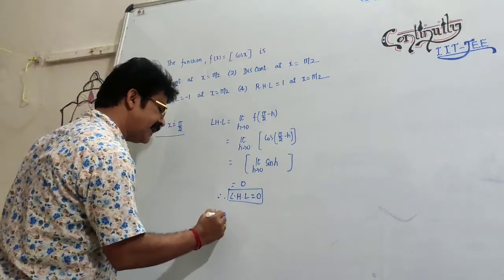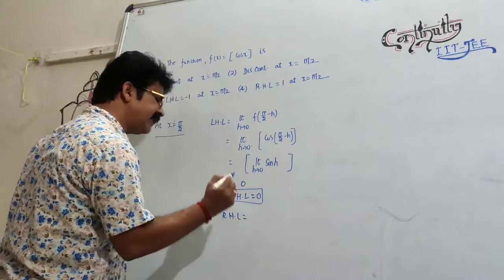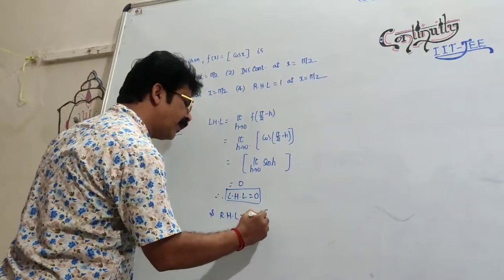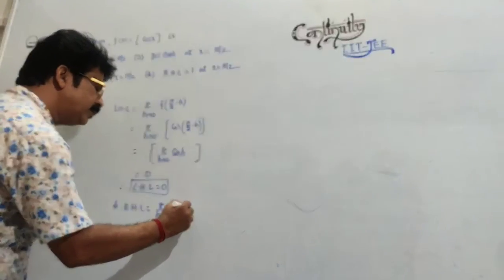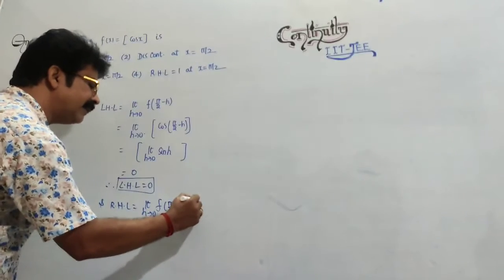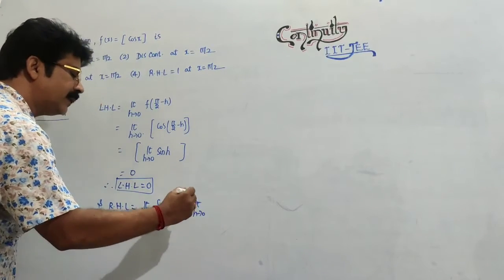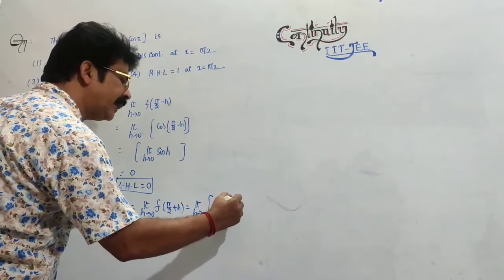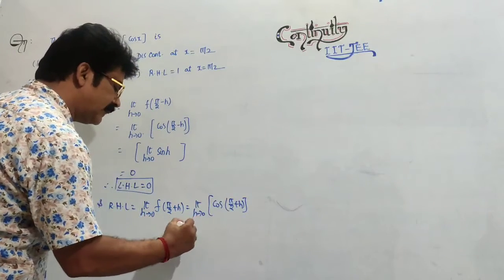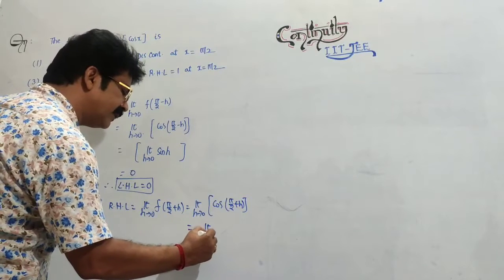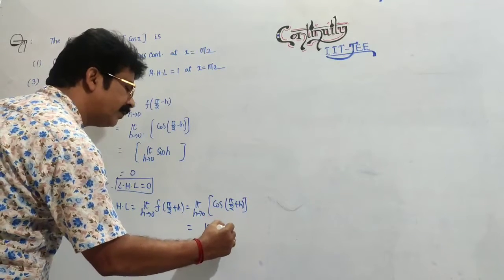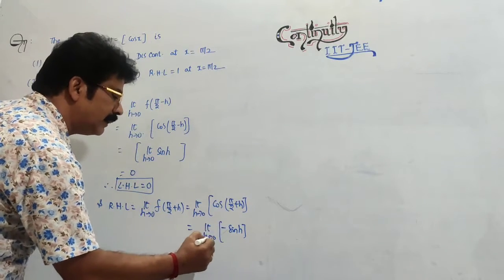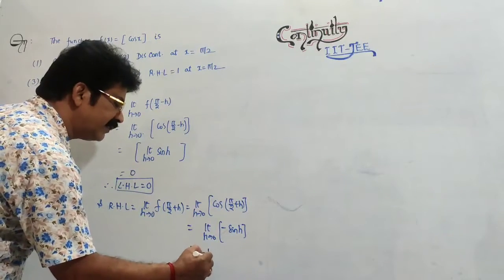Next, similarly right hand limit is equal to limit h tends to 0 of f of pi by 2 plus h, that is equal to limit h tends to 0 of box of cos of pi by 2 plus h. So that is equal to limit h tends to 0 of box of minus sin h. As h tends to 0, it is minus 1.